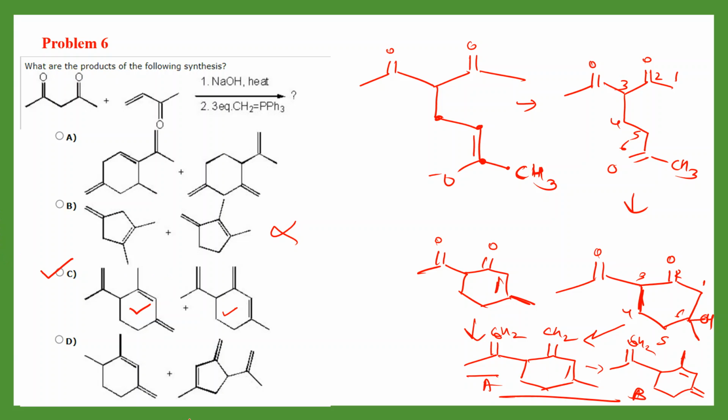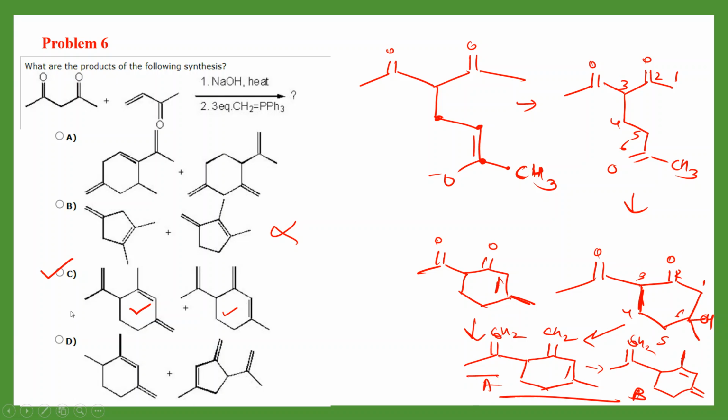So see, I am doing all these questions also for the first time along with you students. So whenever you get a problem like this, first draw all the possibilities, correct? Since base is given, base can abstract a proton from here and it can isomerize actually. So both of these products are possible.